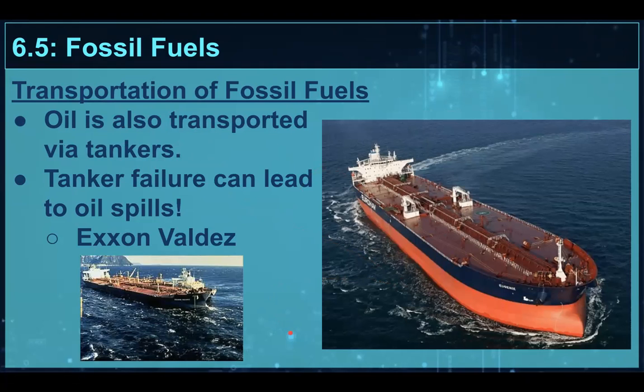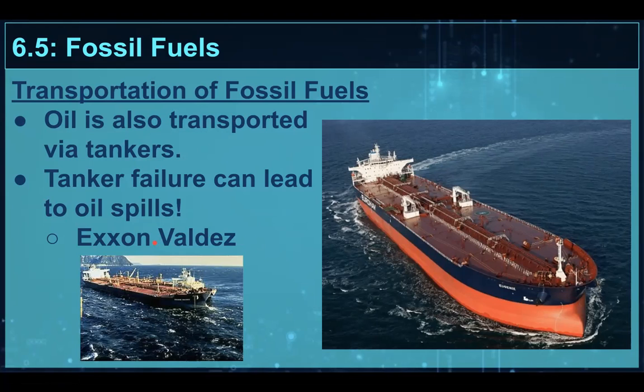These are really large ships essentially that have a large capacity for oil. The Exxon Valdez was a really bad example of an oil spill, where it essentially ran aground near the coast of Alaska, and a ton of oil was spilled.